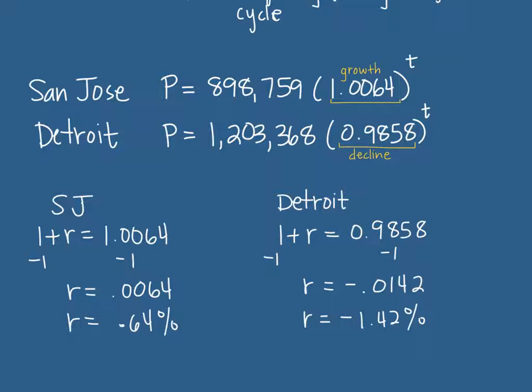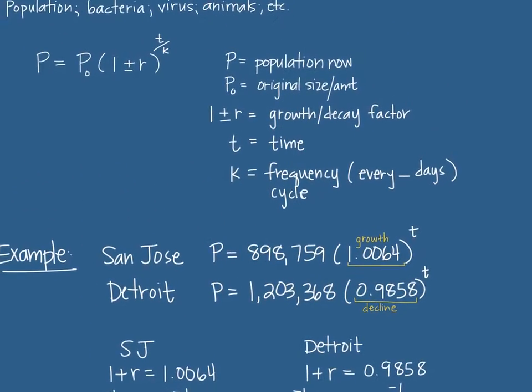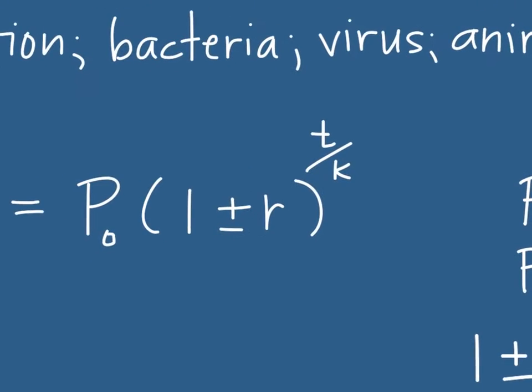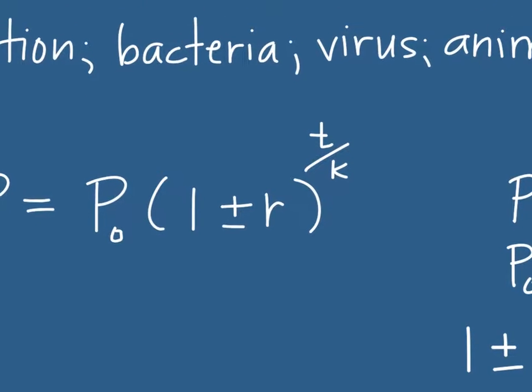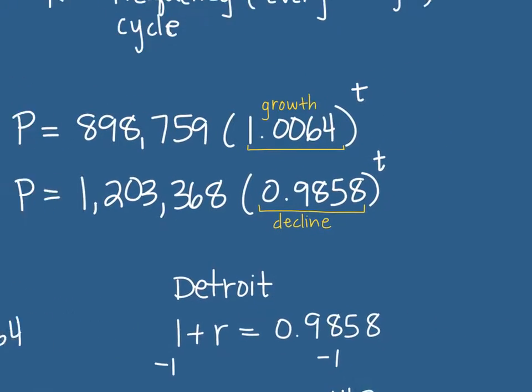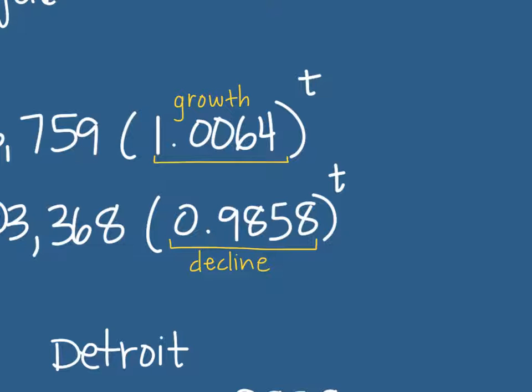Okay, what's the frequency on this? How often is it declining? Can you tell me that by looking at the equation? Where would you be able to tell the frequency? Okay, let's look at this. What letter represents frequency? K, all right, so it's T divided by K. All right, so in my T, you're like, well, it isn't divided by K. I'll say, yes, it is.